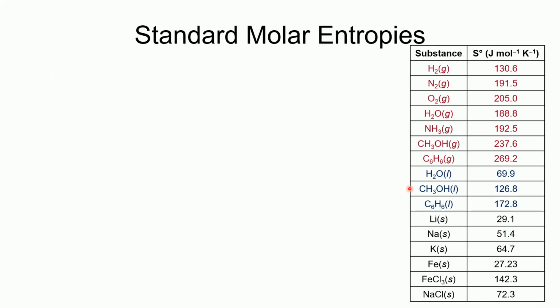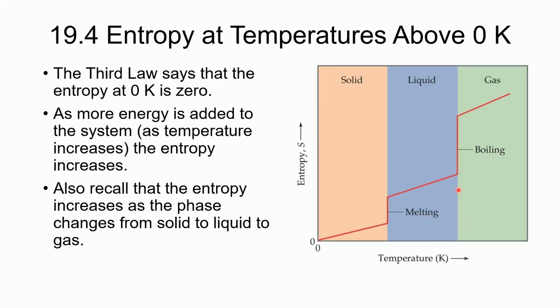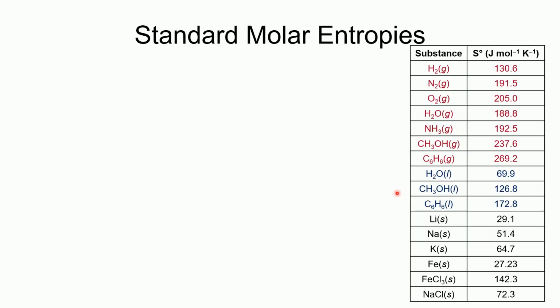Well, the entropy that something has because it is above absolute zero, so again, we're going to look at liquid water, 69.9. Well, that is the entropy that water has because it is at 25 degrees Celsius. So it's all this entropy it has because it is above absolute zero.